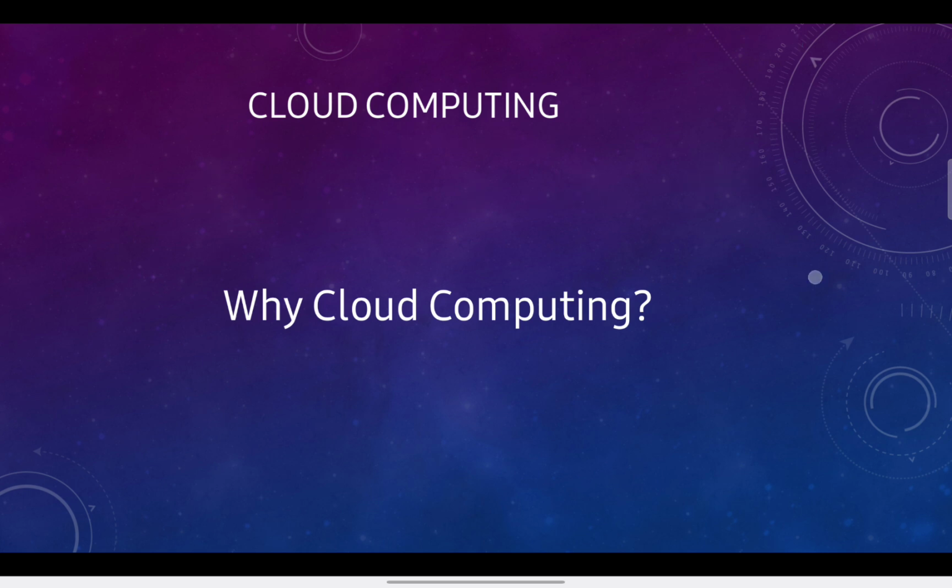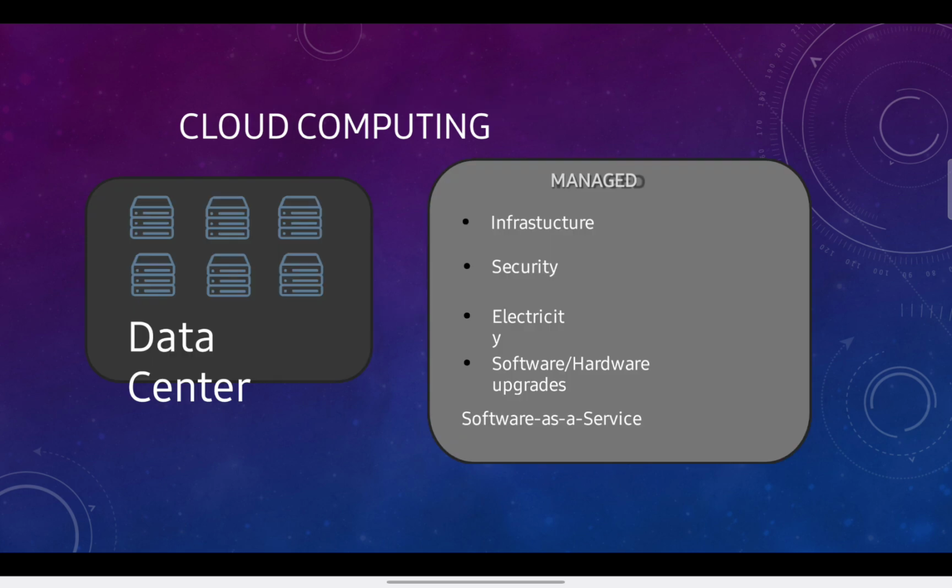So let's compare this with traditional data centers. In a data center, you have to manage everything: infrastructure, security, electricity, software and hardware upgrades, operating system, virtualization, and the application itself.